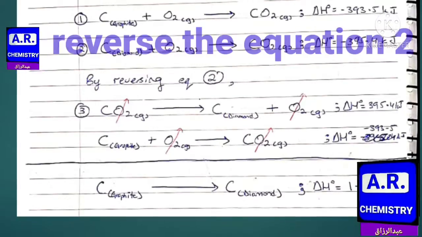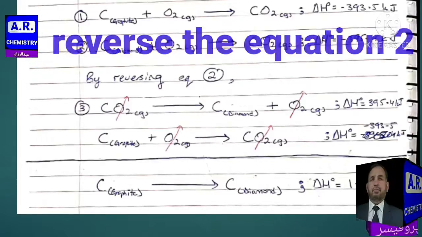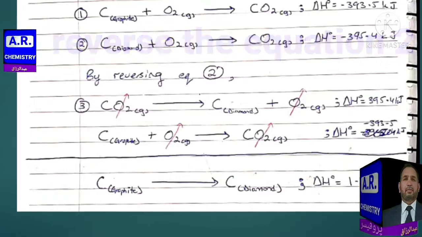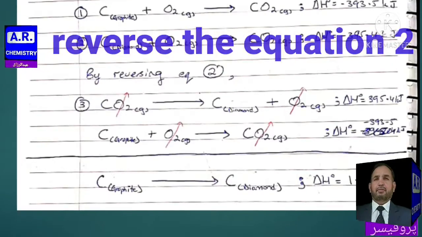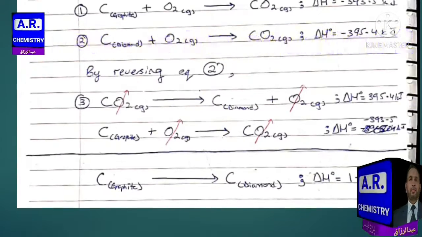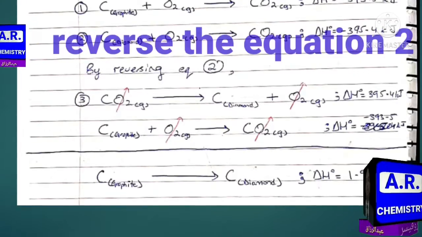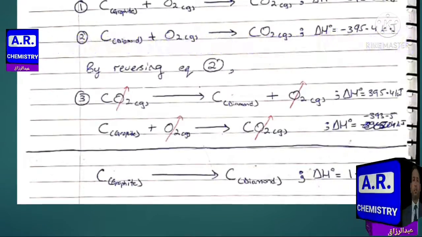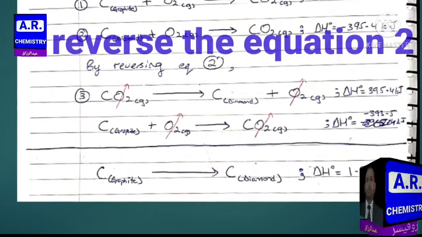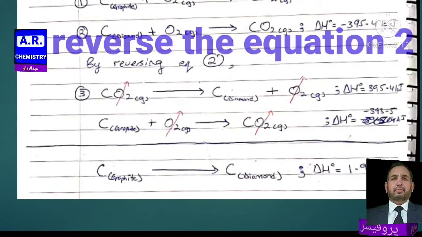When you reverse equation 2, you will have carbon dioxide gas on the reactant side, and after arrow you will have carbon as diamond on the product side, and of course along with carbon there is oxygen. And keep in mind that the sign that was previously negative in the enthalpy of combustion of diamond has also been reversed, has also been changed.